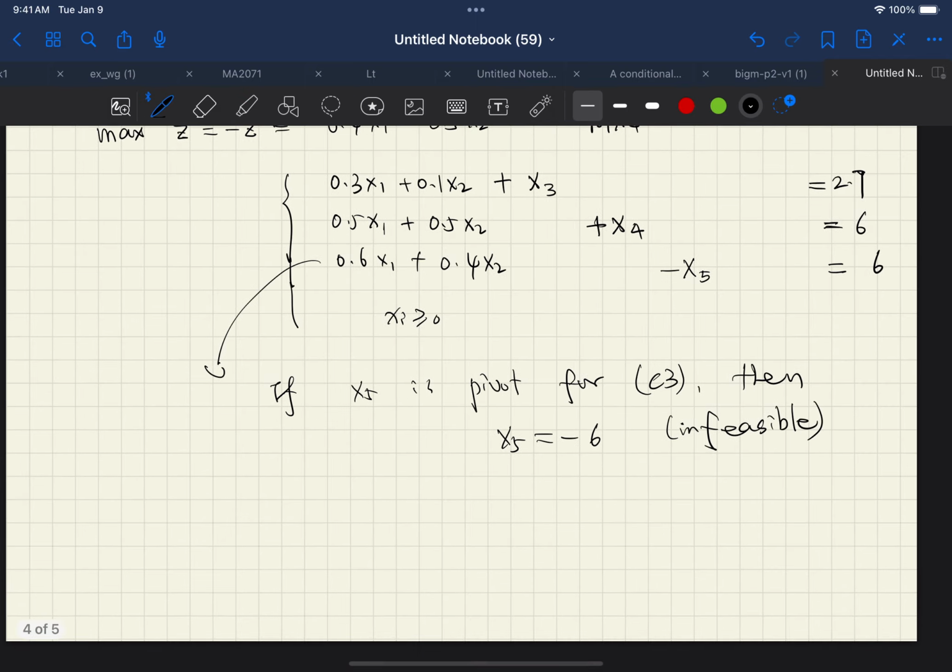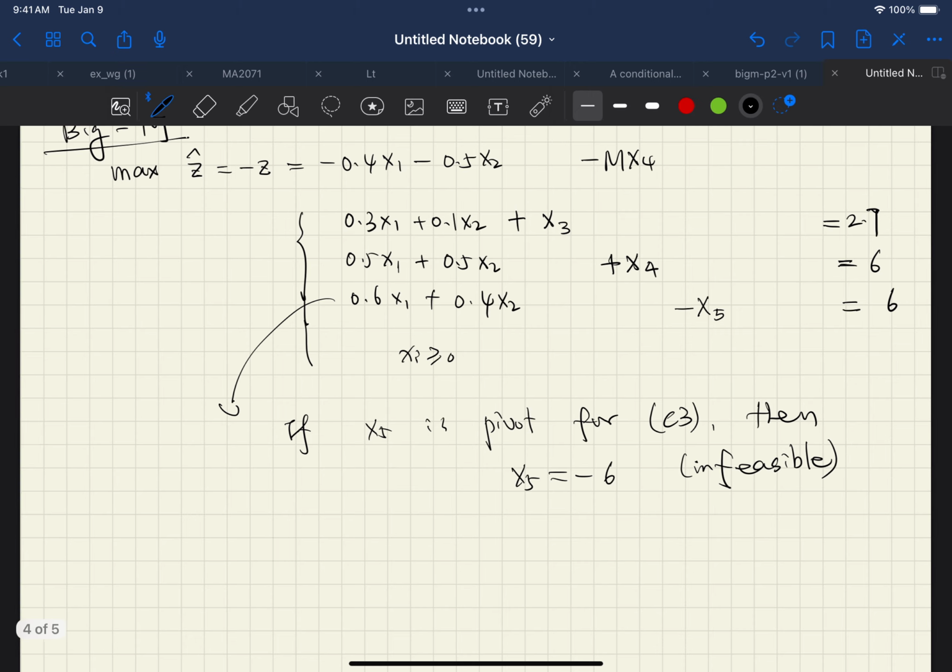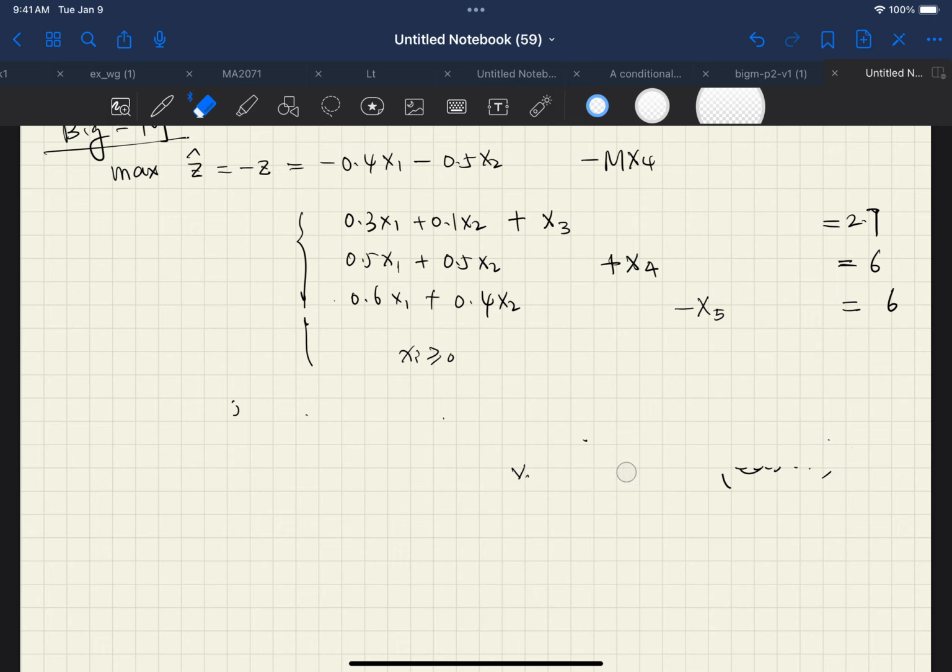So this is why we need to add another variable. Right after this, which is x6, and then we have to penalize x6. So the matrix form can essentially be converted into this form.